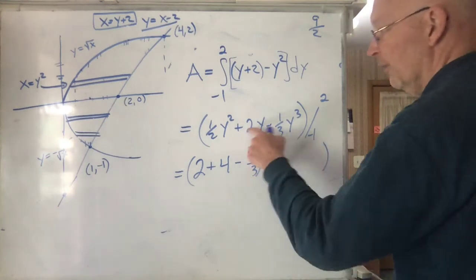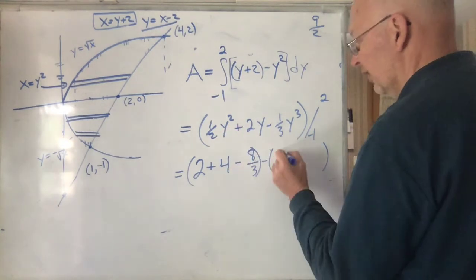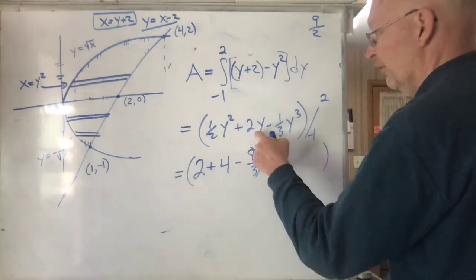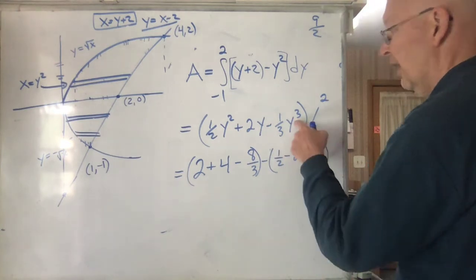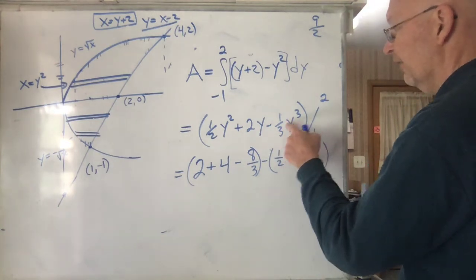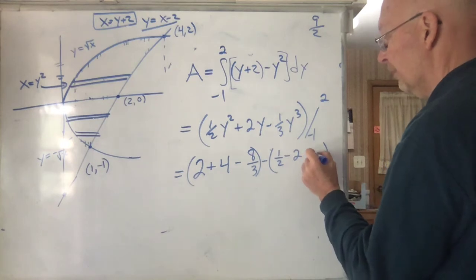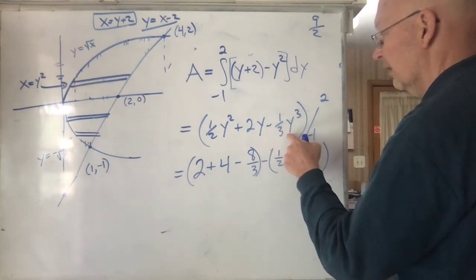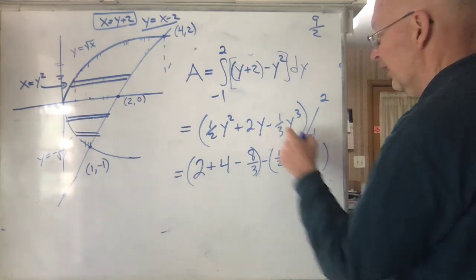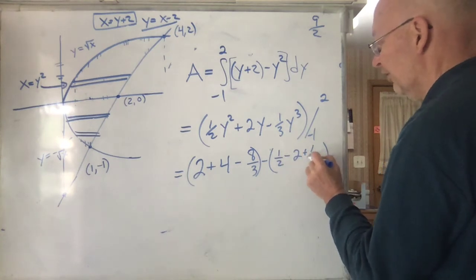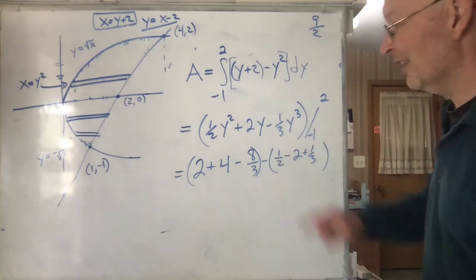Now you put in a -1. -1 squared is 1, so you're going to get a positive 1/2, and you're going to get a -2, and here you're going to get a -1/3 times negative, well, let's see. Yeah, negative times negative is going to be a positive 1/3. Okay, you still have a negative there as well.